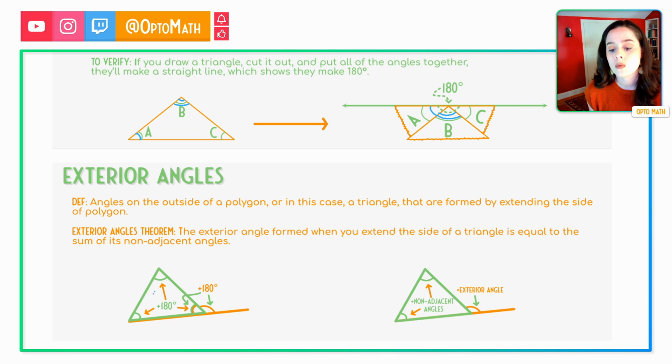So we see that these orange arrows are pointing to the interior angles of the triangle. And we know those add to 180 degrees because that's the interior angle sum theorem for triangles. We also know that these green arrows, pointing to these two angles, add to 180 as well. The reasoning behind that is because these two are a linear pair.